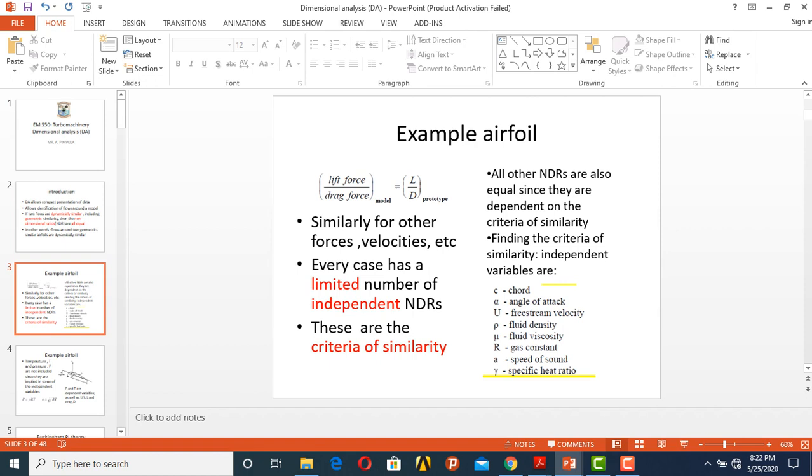So for the aerofoil, it has variables. Okay, that is the chord, the angle of attack, the free stream velocity, fluid density, fluid viscosity, gas constant, also the speed of sound, and the specific heat ratio.